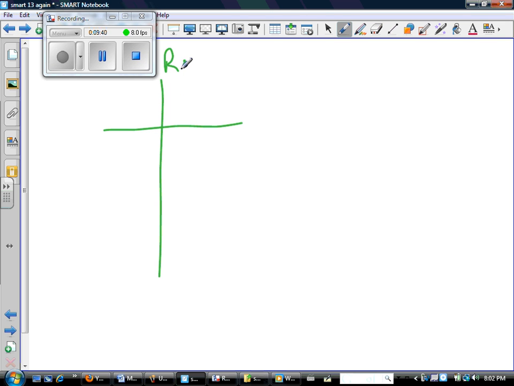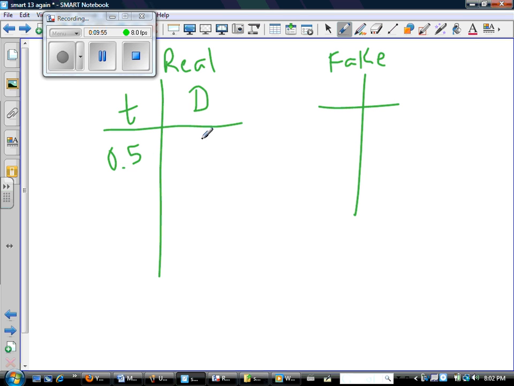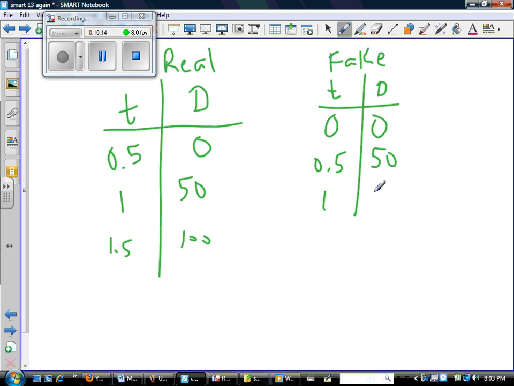So this is Yvette's real, and this is Yvette's fake. Time, distance. So Yvette's real time at 0.5 is the same as her fake time at 0. That's the dotted line. Real time at 1 is the dotted line at 0.5. Real time at 1.5 is the dotted line at 100.